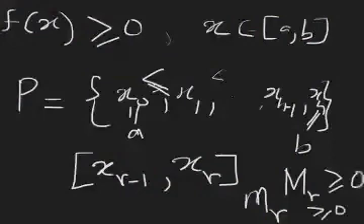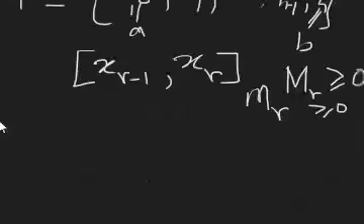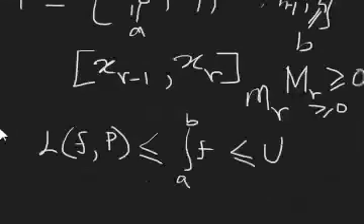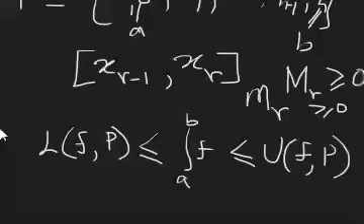Therefore, we know that the lower sum of f corresponding to partition P is less than or equal to the integral of f over the AB interval, which is less than or equal to the upper sum of function f corresponding to P. This inequality is true for any partition of the AB interval, and in each subinterval this one is true.